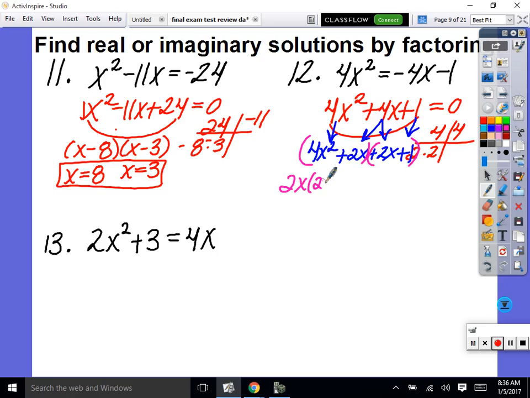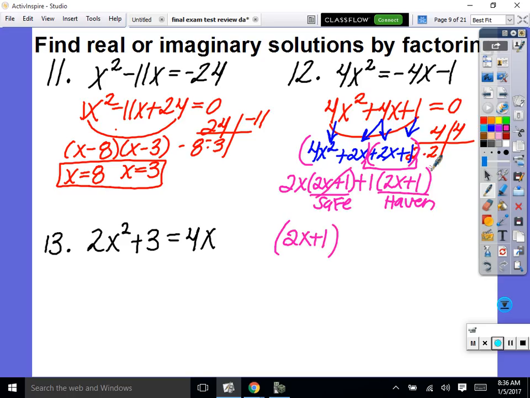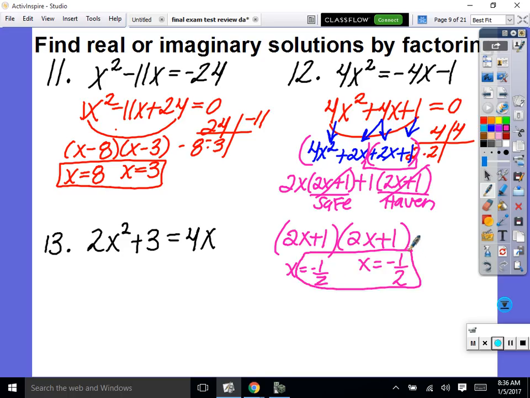You can't ever forget the quadratic formula. I know how to write it, but I forget the words. But I know how to write it with the song. Negative b plus or minus the square root of b squared minus 4ac, all over 2a. Get it?